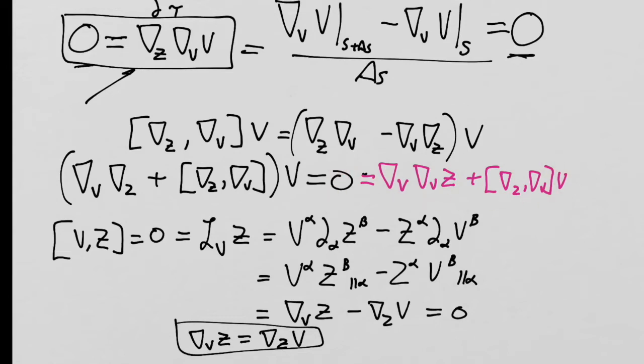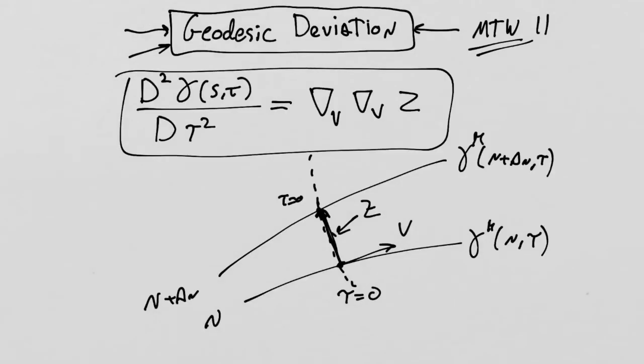I've done all that to get this out front. That is the geodesic deviation. We showed that earlier, right back in the beginning. This is what we're trying to solve for.